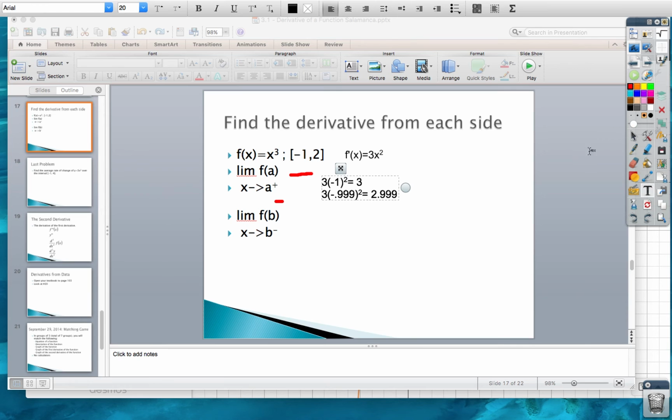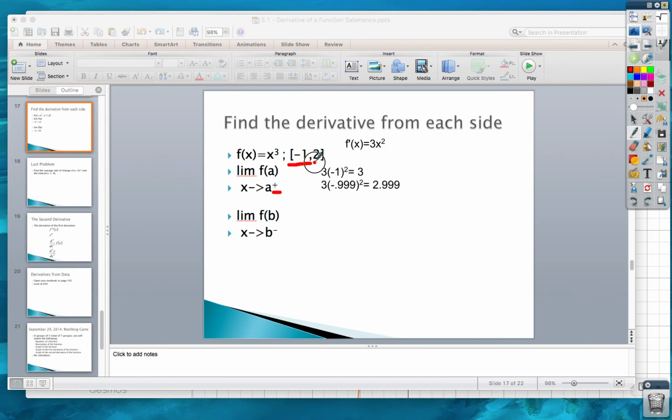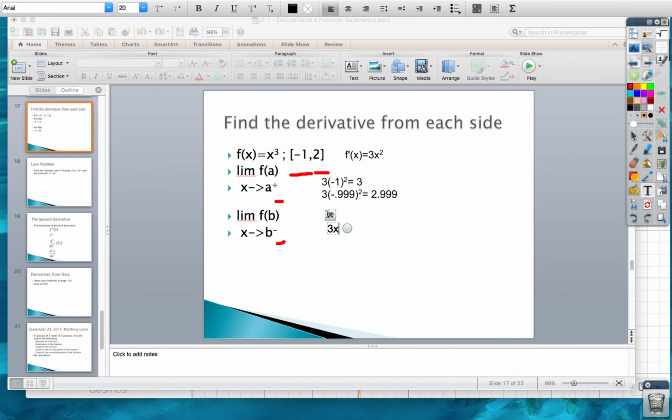Looking at the right-hand side derivative, we need to be coming from the left side, or the negative side. The same thing applies. Your derivative was 3x squared. We're doing 3 times 2 quantity squared, and we're left with 3 times 4, which is equal to 12.